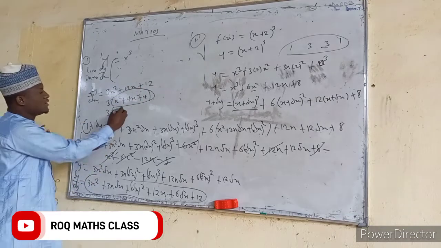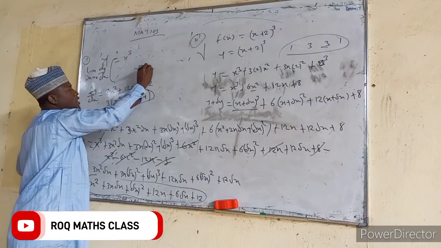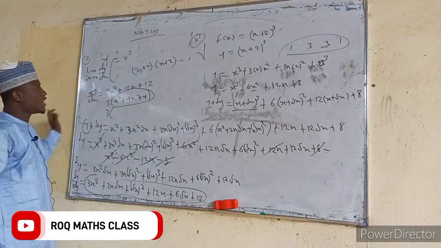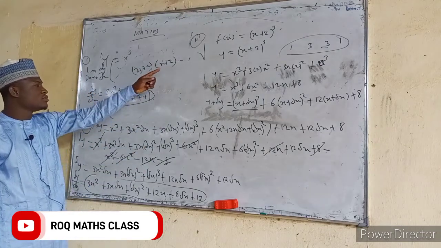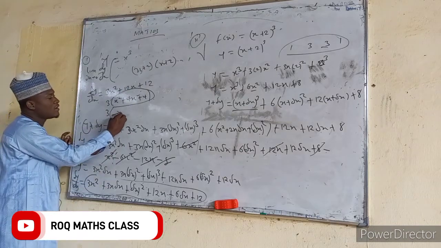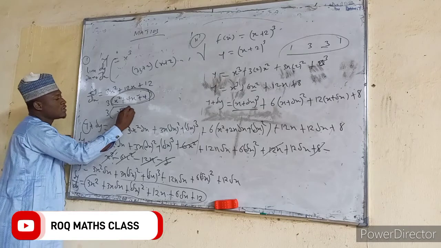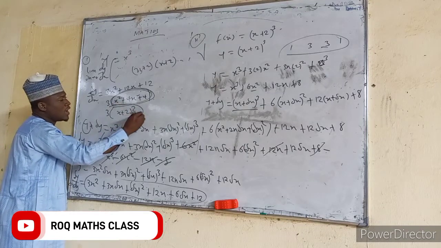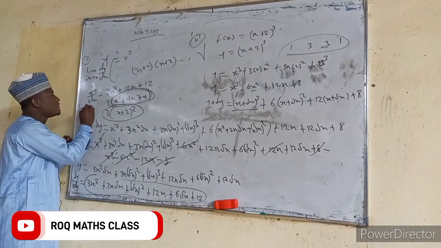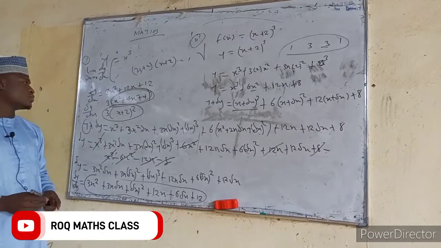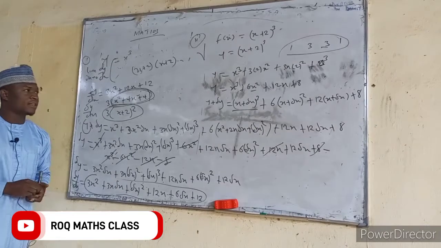This one is the same thing as x plus 2 times x plus 2, which is x plus 2 squared. If you expand this x plus 2 squared, you will have this x squared plus 4x plus 4. So this is derivative of y equals to x plus 2 to the power of 3.